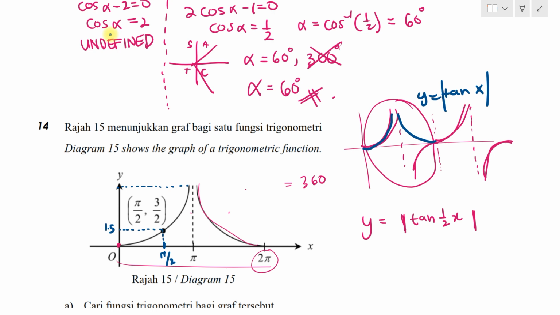What I can tell you is, we know here it is the maximum, but we don't know this one.